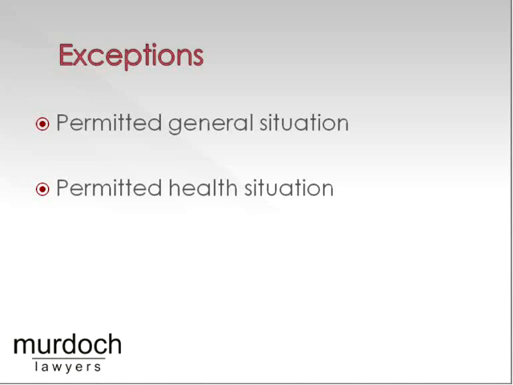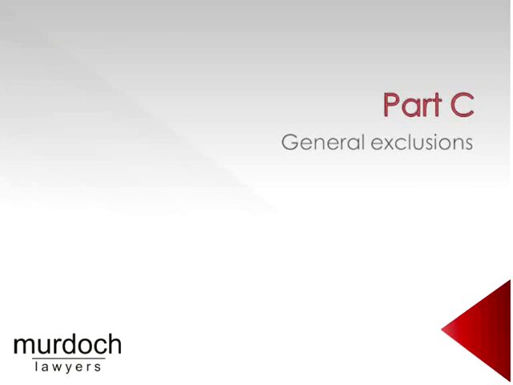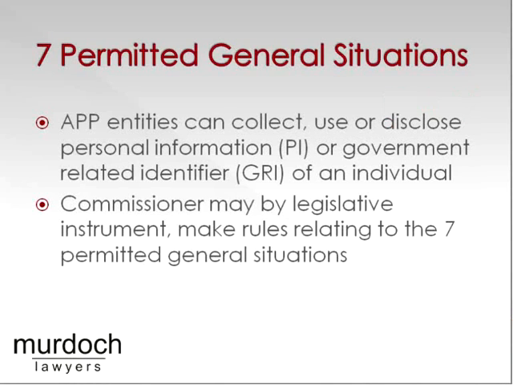So with all of those 13 APPs, there are certain exceptions, and they're called either a permitted general situation, where non-compliance with the APP is permitted, or there are permitted health situations where non-compliance is permitted, and they're generally dealt with in each of the APPs.